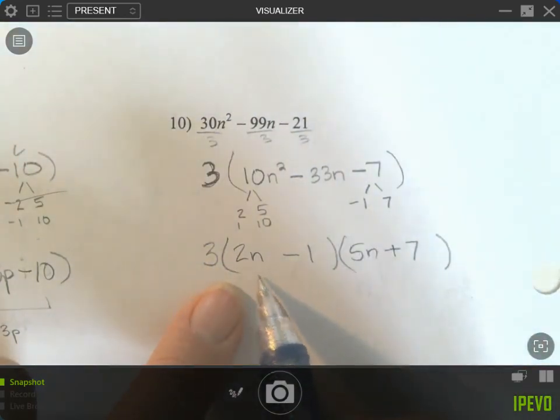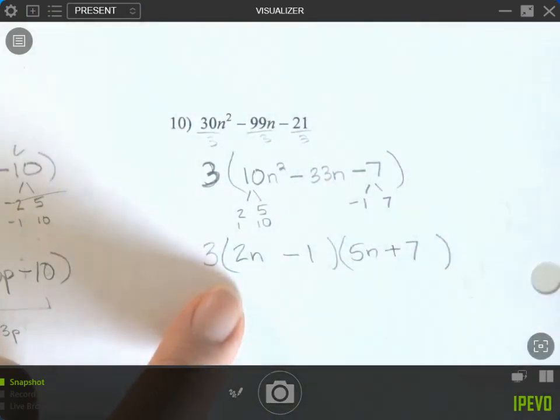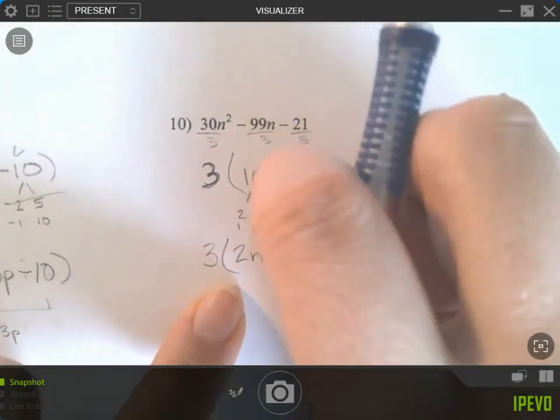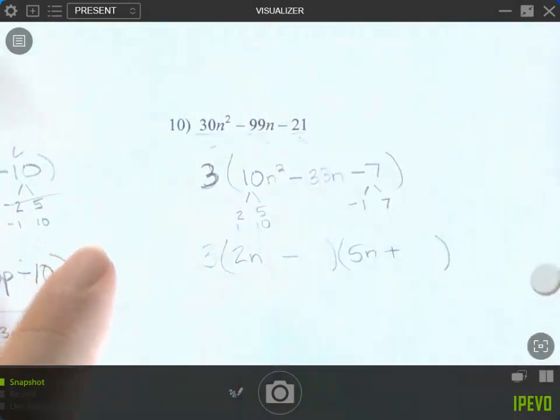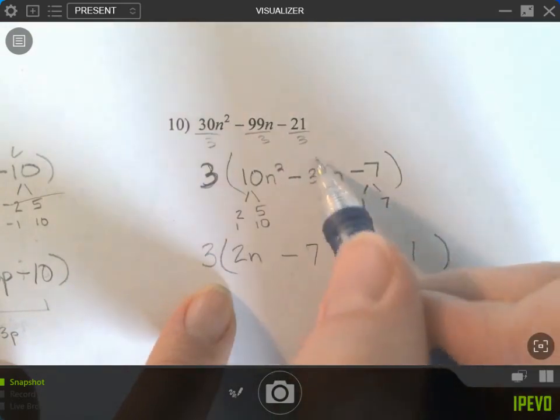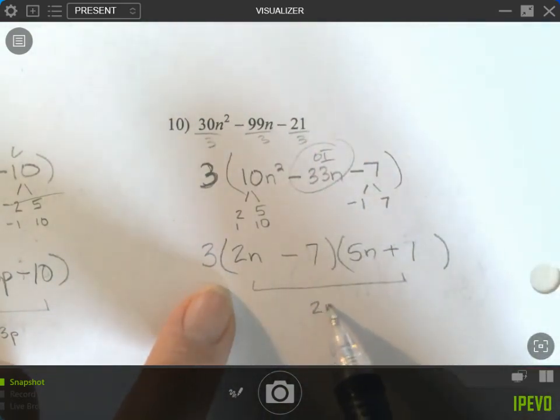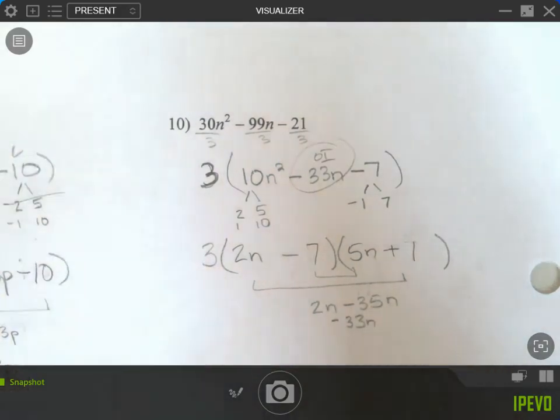I know it's not going to work because that's 14 and that's negative 5. Before I throw out the 7 and the 1, I'm going to do what? No, I'm not flipping the signs. Flip the number. So I'm looking at the outer and inner. Outside is 2n, inside is negative 35n. What do we get? 33n. We got the number we needed, so I'm done with that.